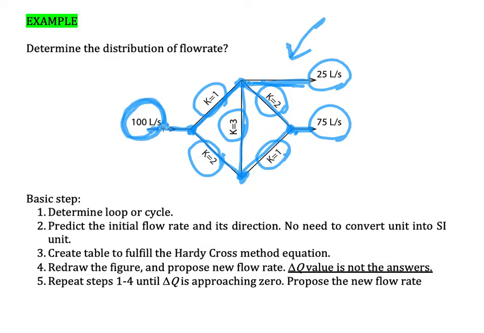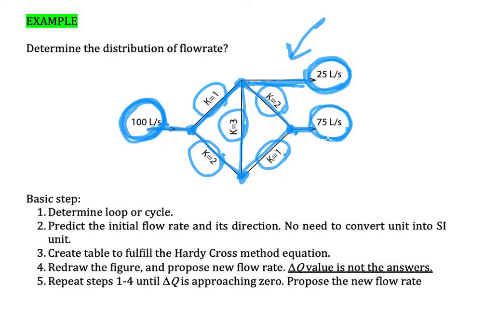It is okay for you to maintain liter per second, because we are doing a ratio calculation. If the inlet is in liter per second and the outlet is also in liter per second, it is okay not to change into meter cube per second. Normally we use liter per second because it is quite precise compared to meter cube per second.